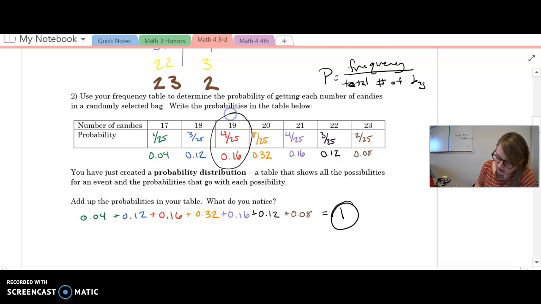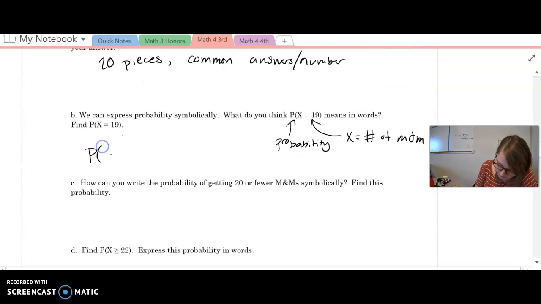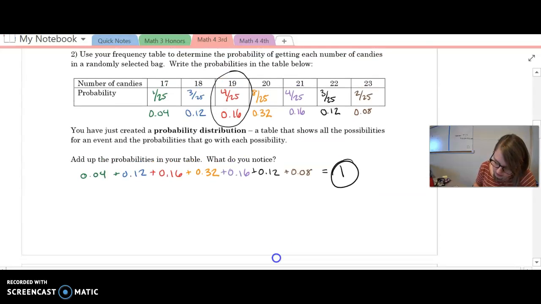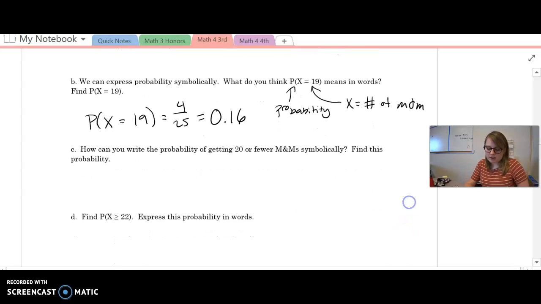The probability of finding 19 M&Ms in our bag was 4 over 25, or otherwise known as 0.16. That's what we want.